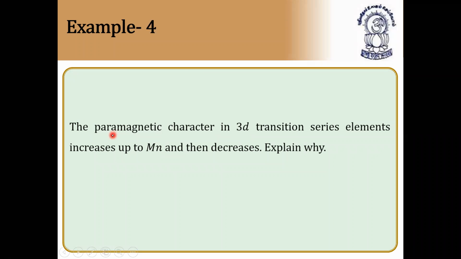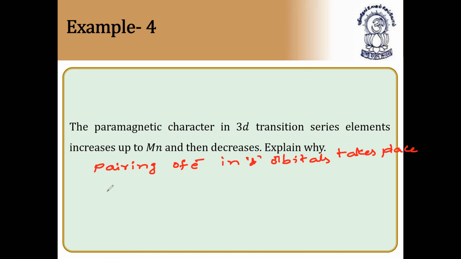The paramagnetic character in 3d transition series elements increases up to manganese and then decreases. Explain why. Because pairing of electrons in d orbitals takes place after 5. Example, you can say 3d6.